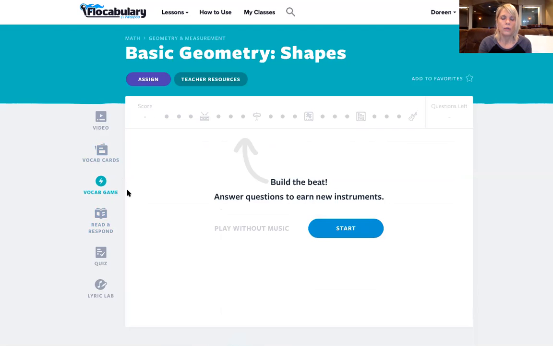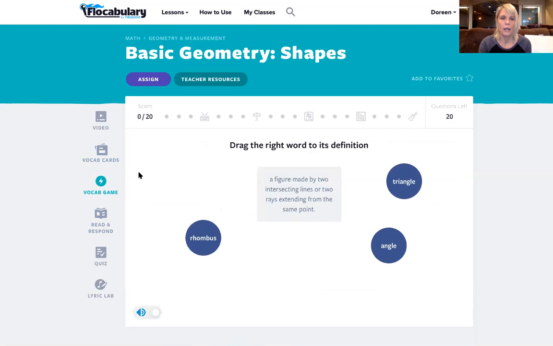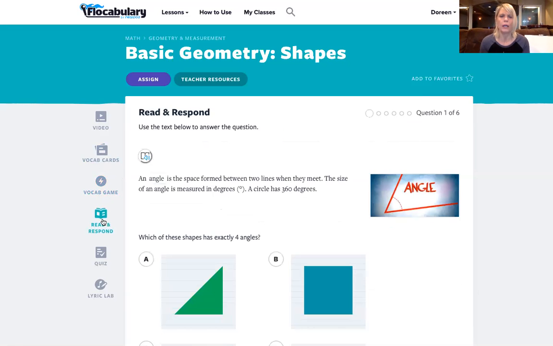I'm not sure if it's going to let you go back, and I would stay in the vocabulary game when you're doing it because I'm not sure how the points will be scored if you quit in the middle of it. So just go through it, but as long as you do the vocabulary cards, you should be good on being able to do the vocabulary game.